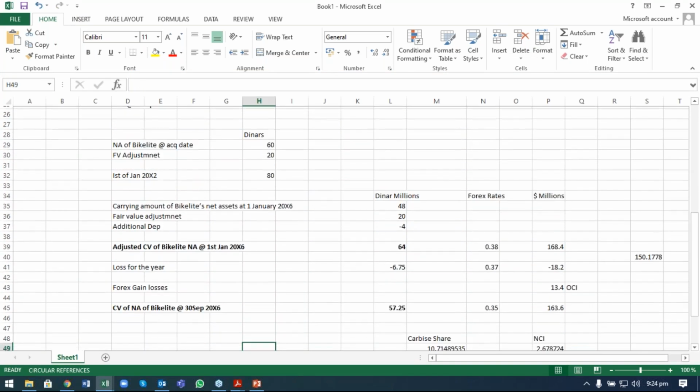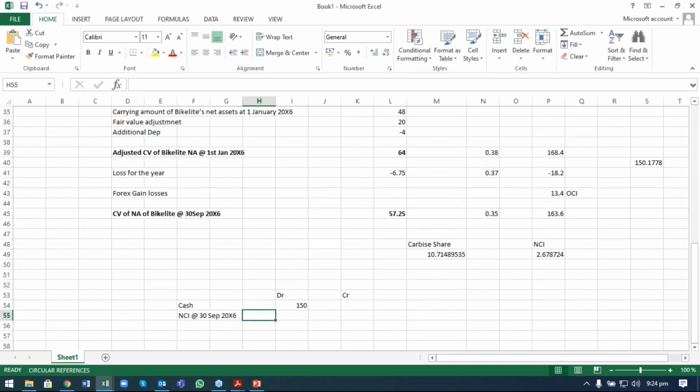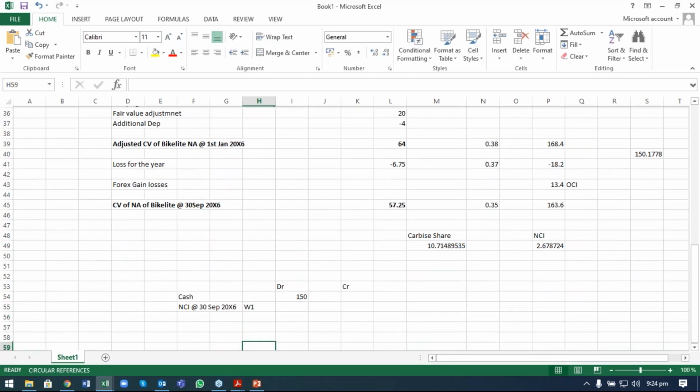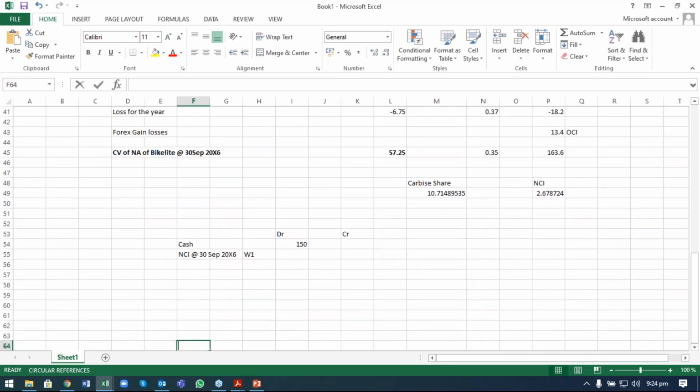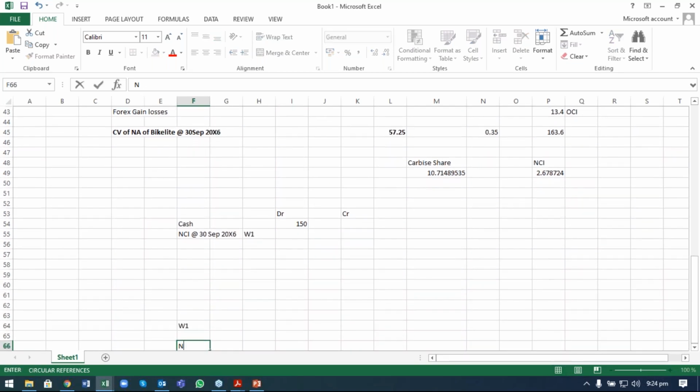So I'll be mentioning here, this should be working one. This working includes NCI at 1st January 20X6, provided in dollar millions. The NCI value was 47.8 million.